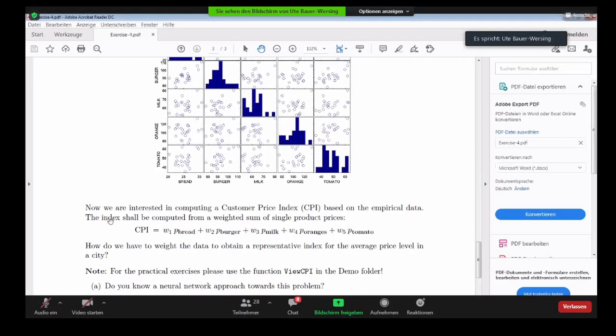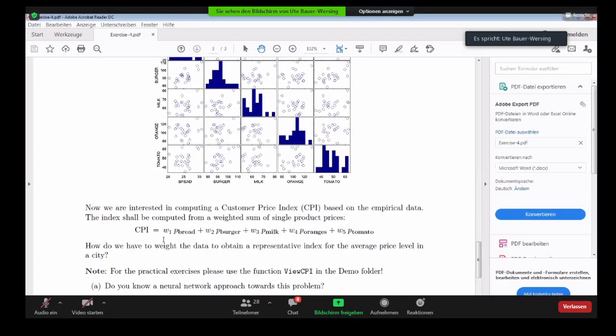This price index should contain the price of bread, burger, milk, oranges, and tomatoes in a weighted manner. We want to give a weight to each of these product prices to come up with an index, a number that tells us how expensive or cheap a particular city is.